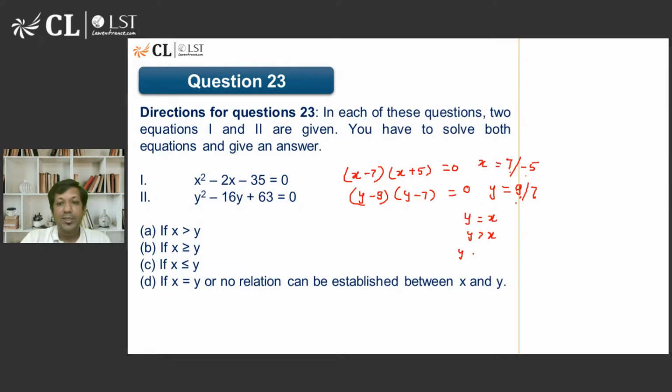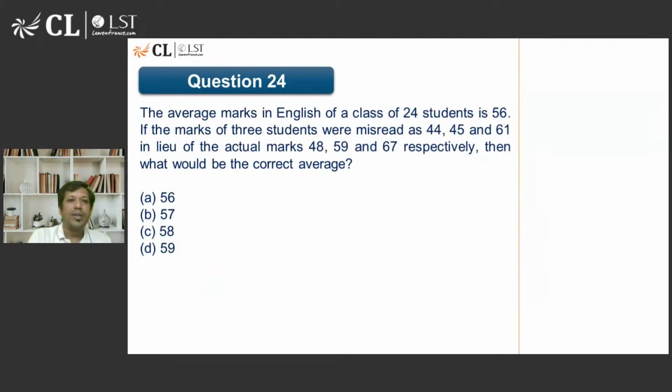So from here I can say y is greater than or equal to x for any set of values. So the answer of this question is going to be option C, that is x is always less than or equal to y. This is the approach that we have seen for these kind of questions before. So you figure out in all the possible combinations what the possible arrangements of x and y are.